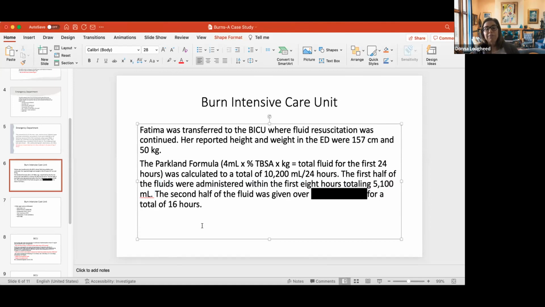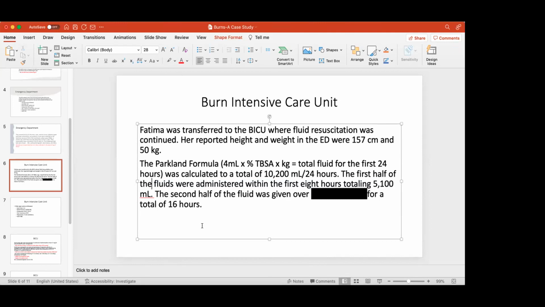And then the second half is going to be given over the last 16 hours. So what are we going to set our pump at? What's left?